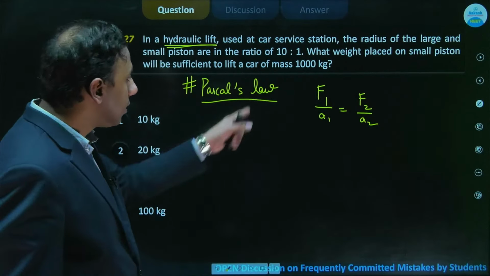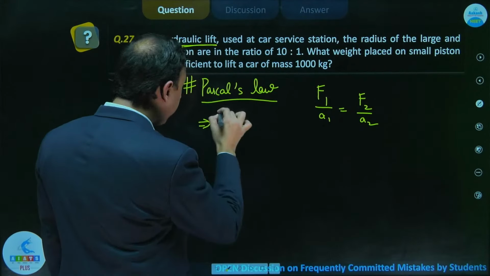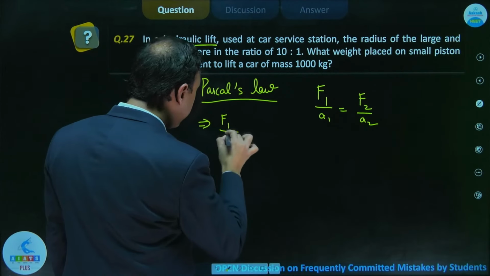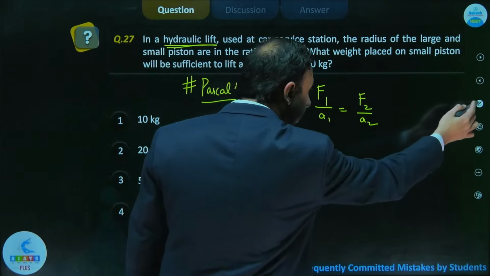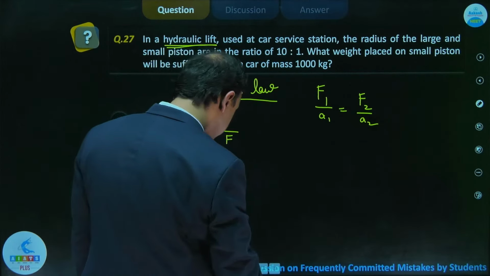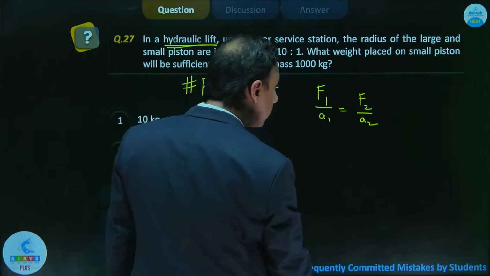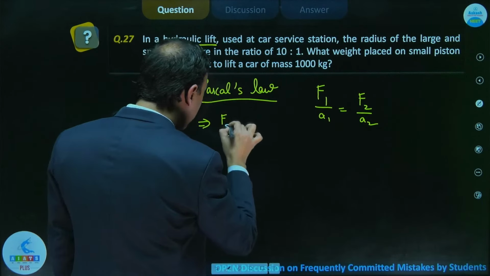Okay, bring forces to one side. So what can I write, look, F1 by F2. Alright. If you want, instead of writing F1 or F2, I can also write smaller and larger. That one was smaller, wasn't it?